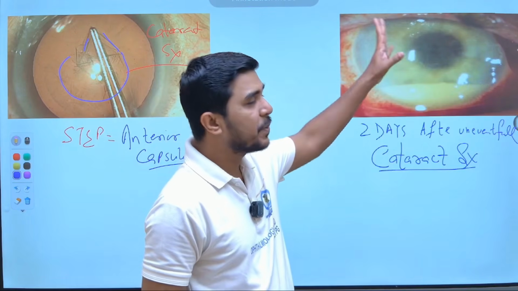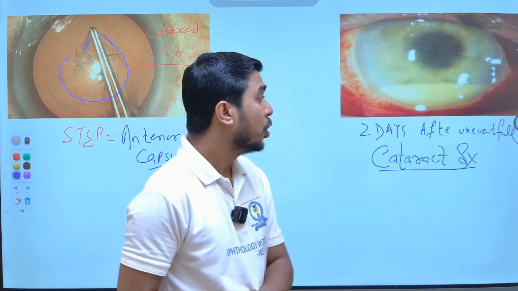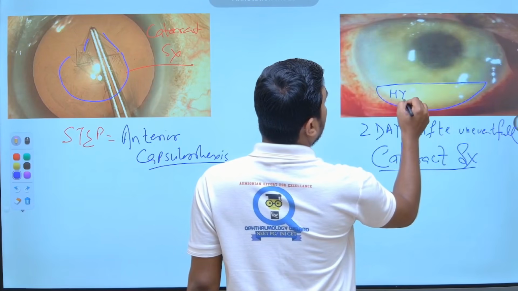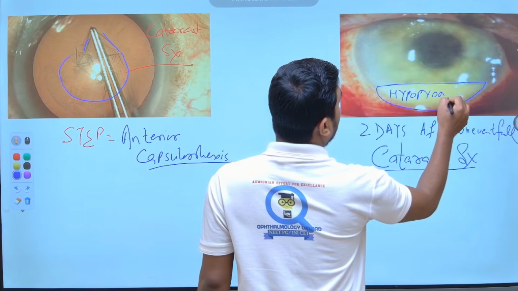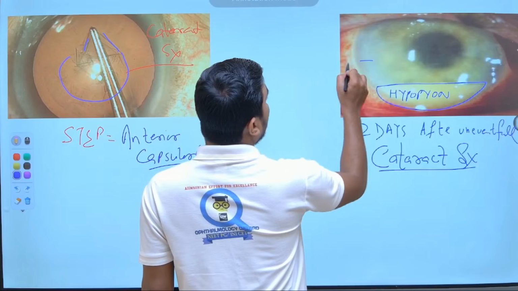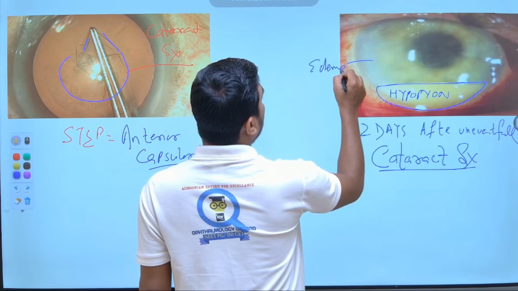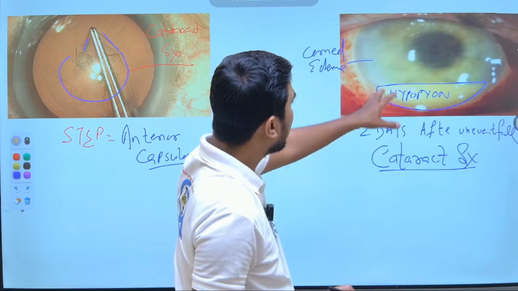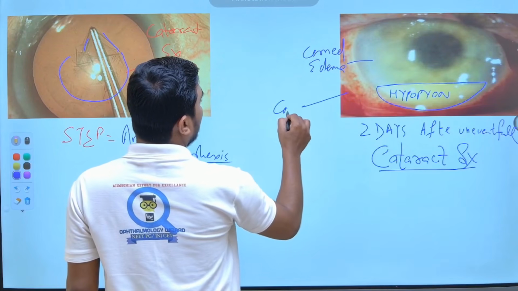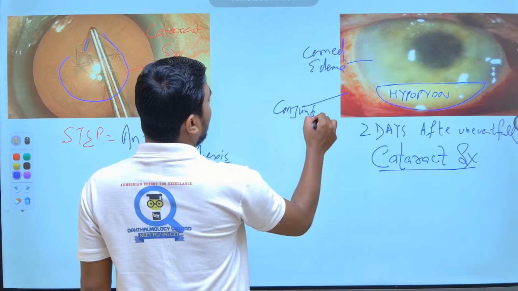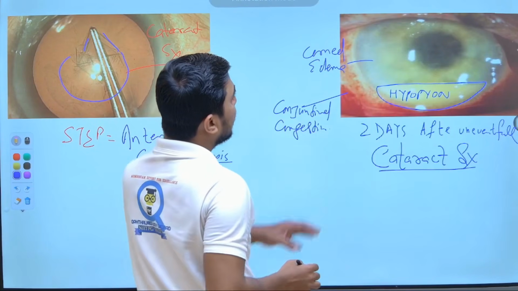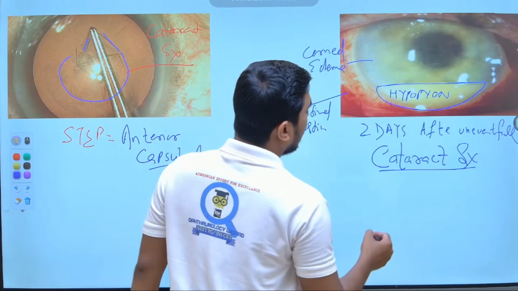After 2 days, this picture is coming. You can see what is this? This is hypopyon, right? This whole cornea is edematous. That is corneal edema. Inflammation. This is conjunctival congestion.